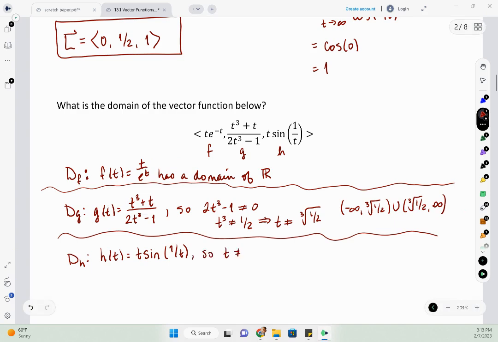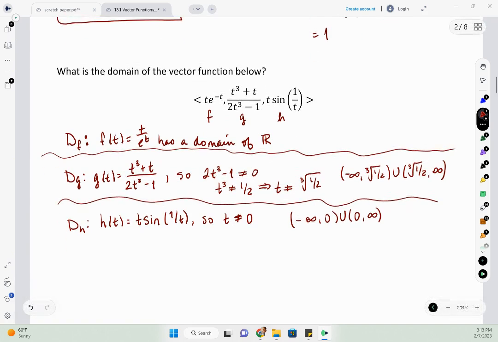We can't have t equal to 0 in the denominator. So t cannot equal 0. And that means that our domain for this piece would be from minus infinity up to 0, union with 0 up to infinity. Okay, so those are our three pieces.